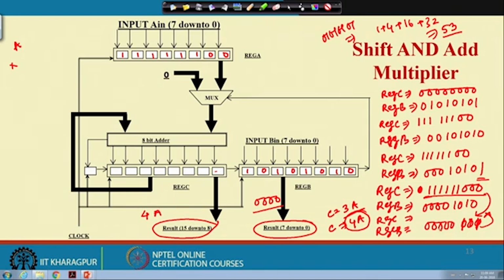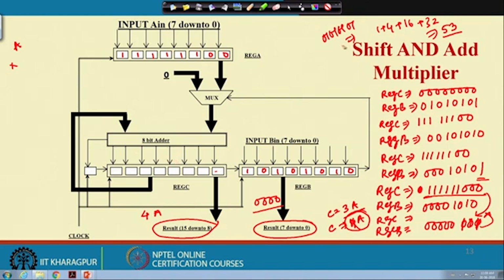Okay. So, in this manner, now if I calculate, okay, actually I have to draw, it will not come as 4. So, finally, what value will I get over here?